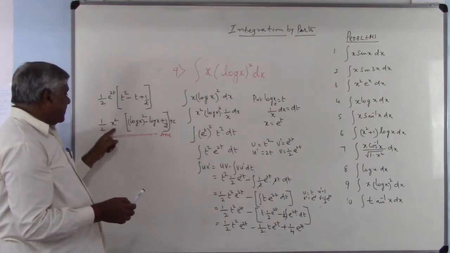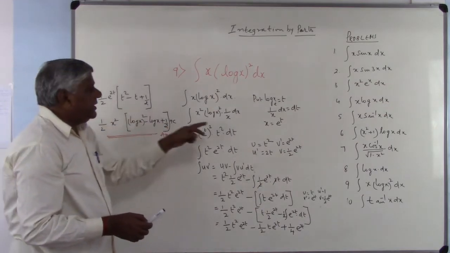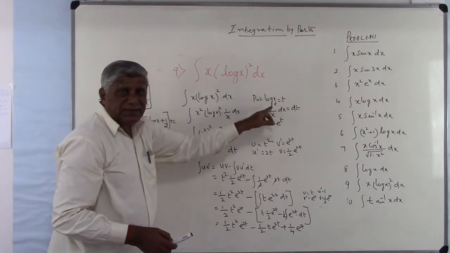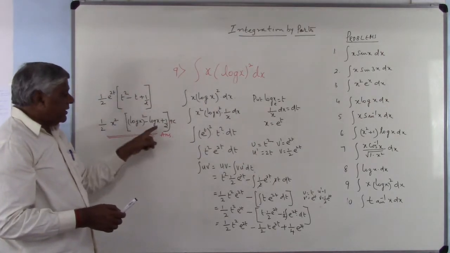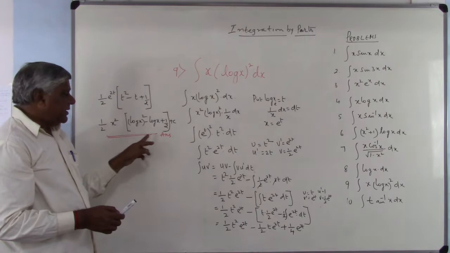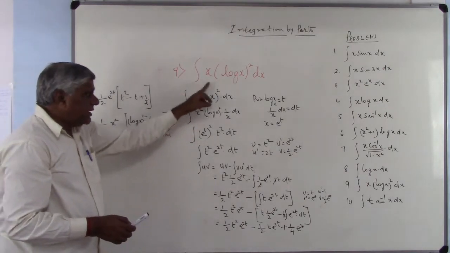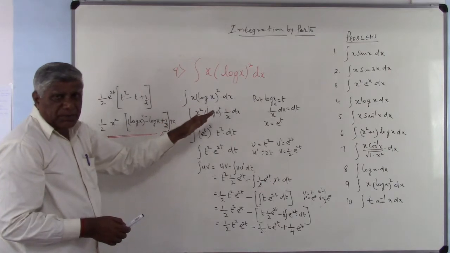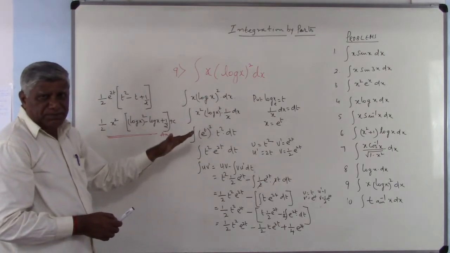That is half of x square into, what is t? We have kept here log x. So (log x) whole square minus log x plus half, plus c. So this is the answer for this problem. It is a typical problem. Please bear it in mind. This is a very important problem.